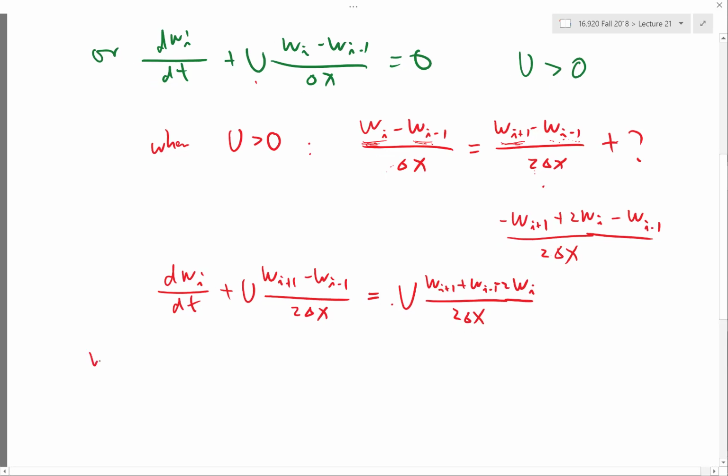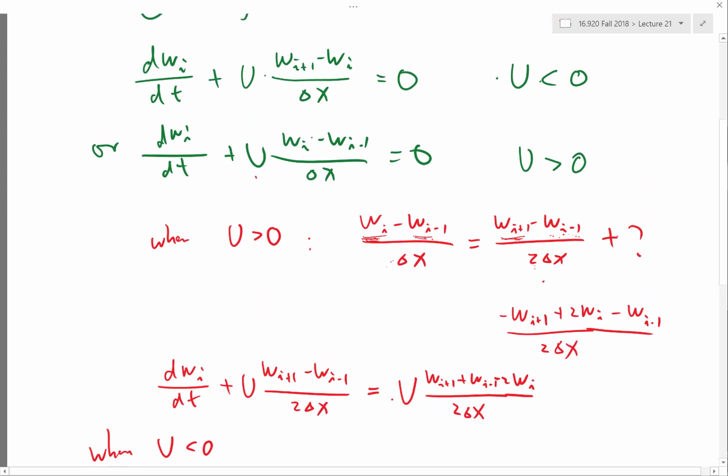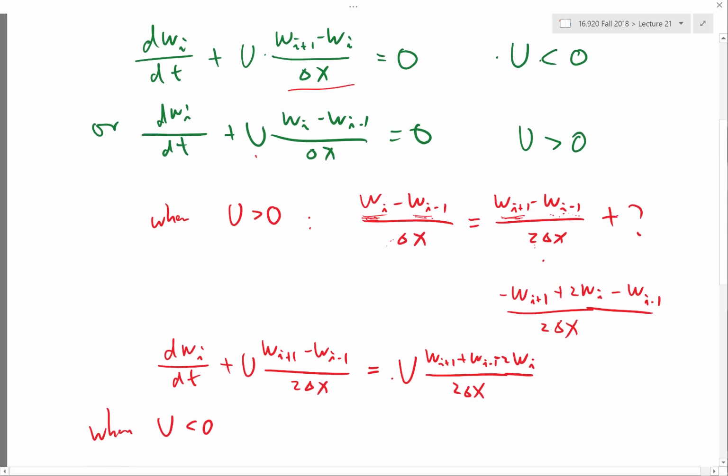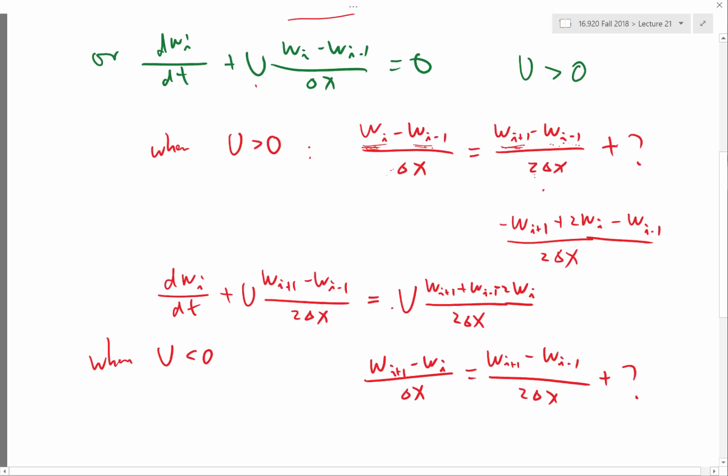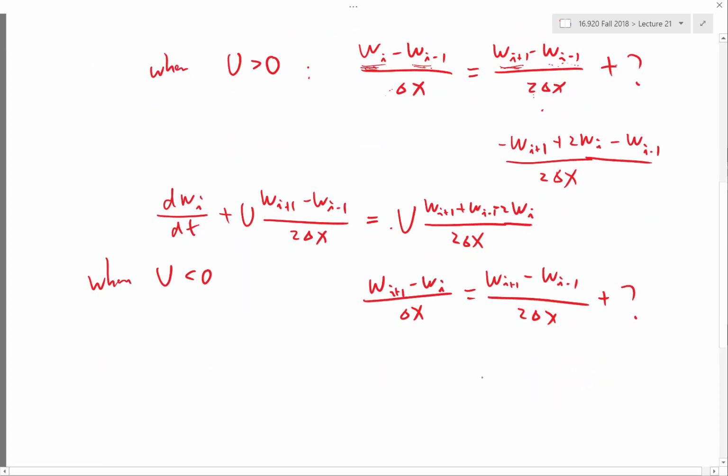Okay, when u is less than 0, let's try it again. (w_{i+1} minus w_i) divided by delta x. How can you write it with another correction term from this central difference? Well, we can do the same.